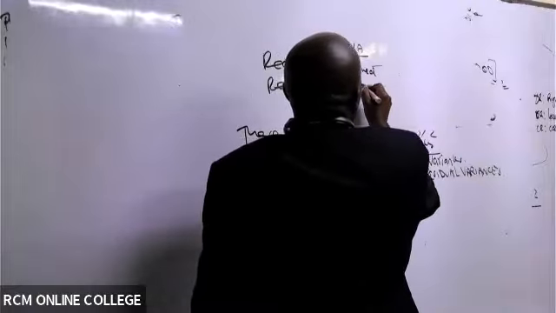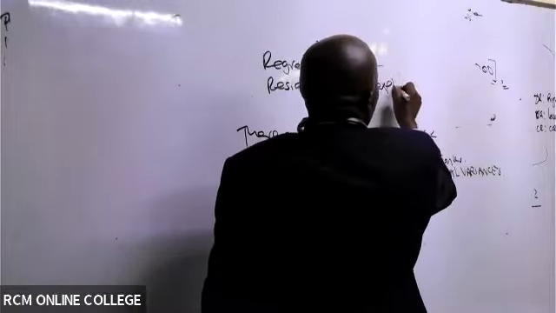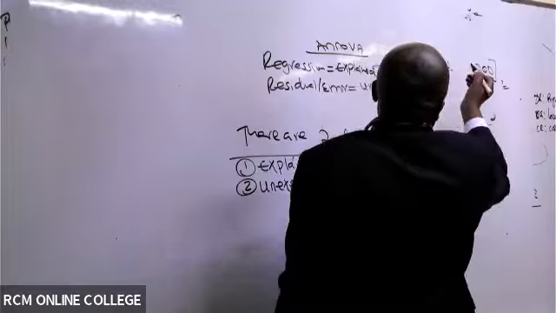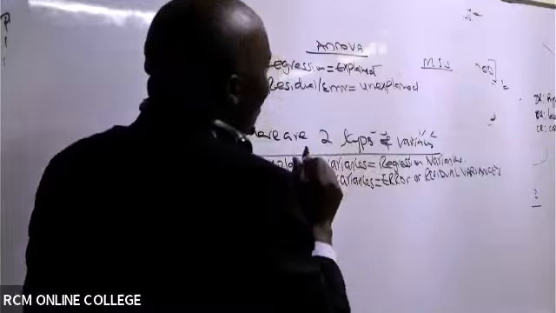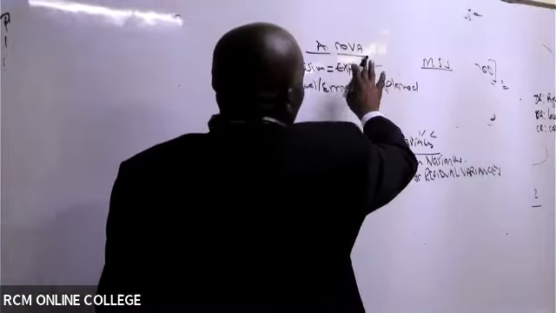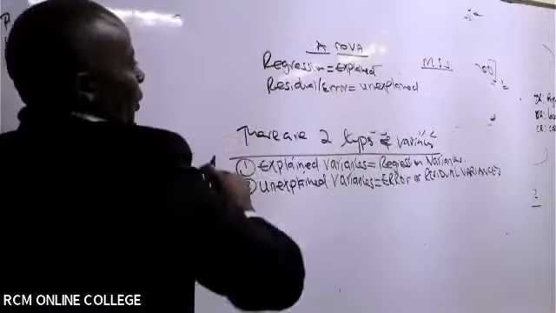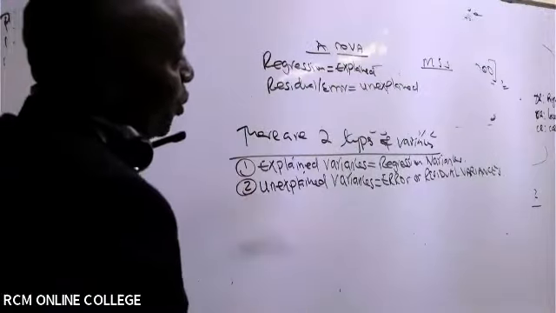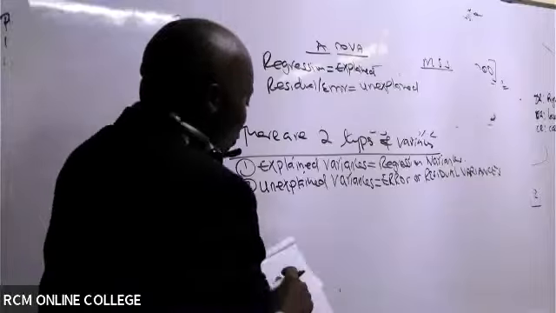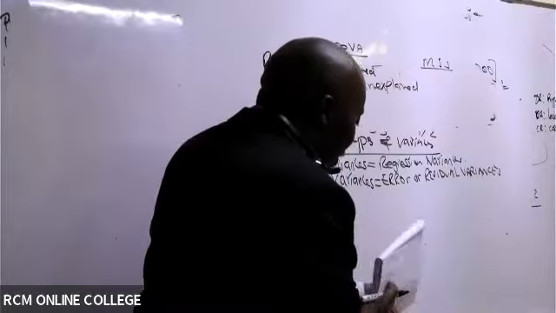And then residual is what we call unexplained. ANOVA meaning what here? Analysis of variance, of which there are two types of variances. All right. So mean sum of squares from the table given.